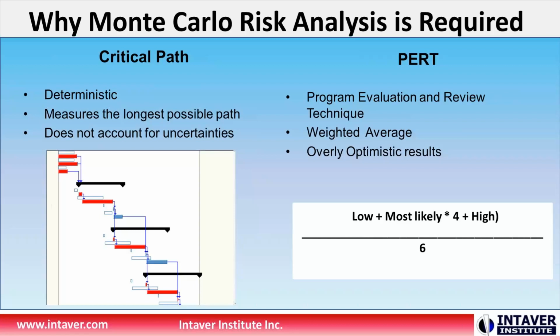But over time, they found, and there's a little formula there, that the results given were still too optimistic. The reason for that is two emergent risks that come out of the schedule logic and the nature of schedules.